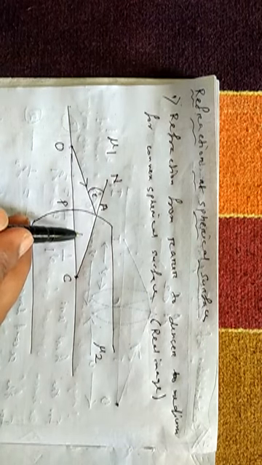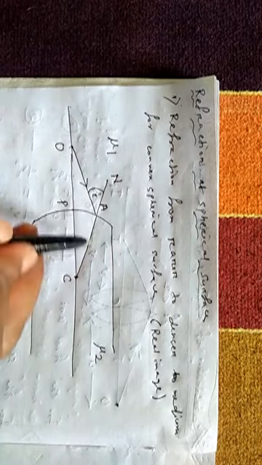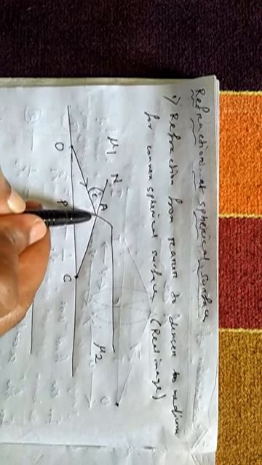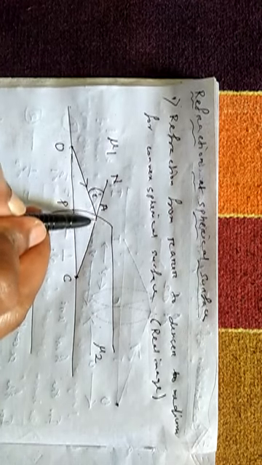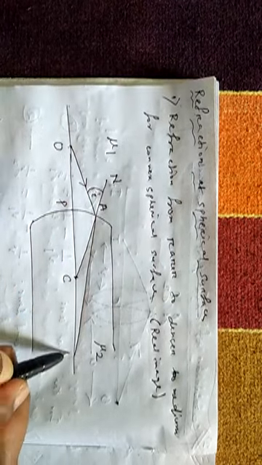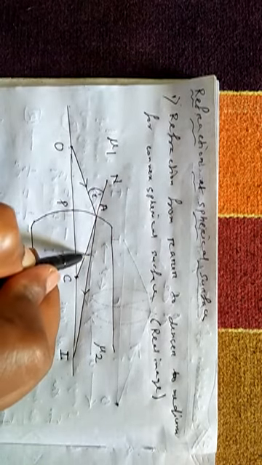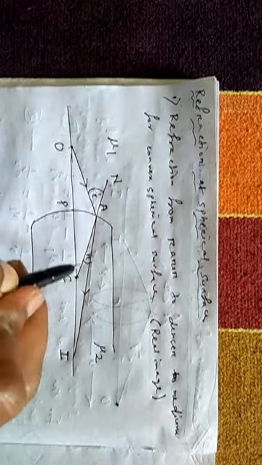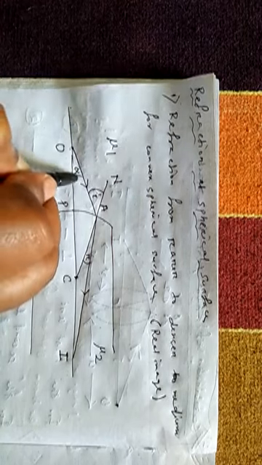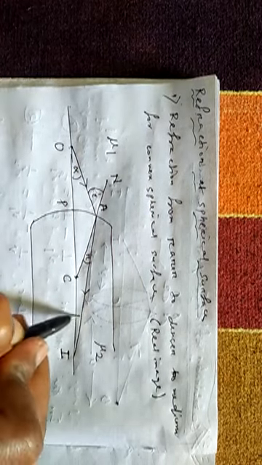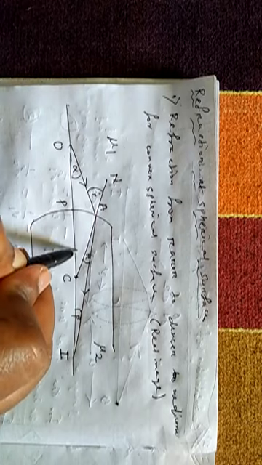It bends towards the normal. The image is formed at I. This is angle of refraction R. This angle alpha, this angle beta, and this angle gamma.